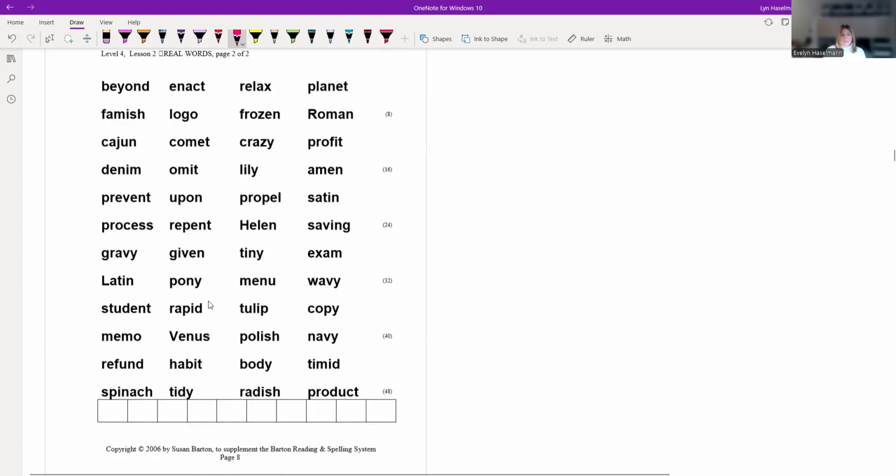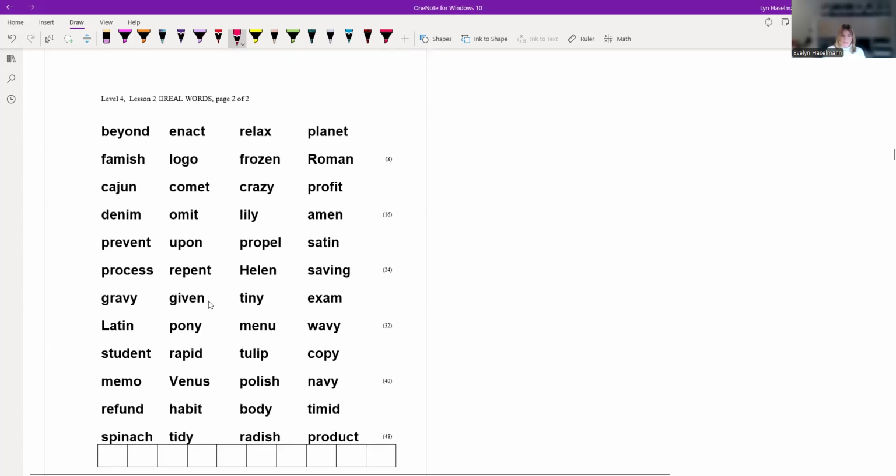So, lots of things. You can do the same thing in level 2, this on the next page. Okay, so again, level 4, lesson 2. You know, you can start playing tic-tac-toe if you want. Make sure your student is decoding beyond and logo and famish and Cajun.